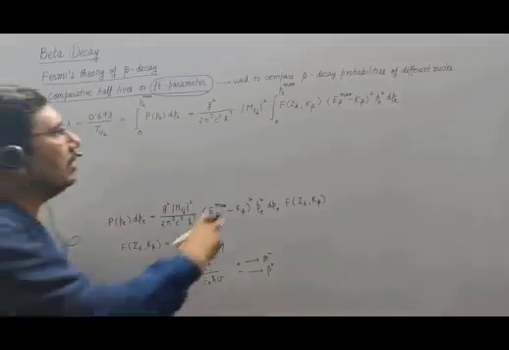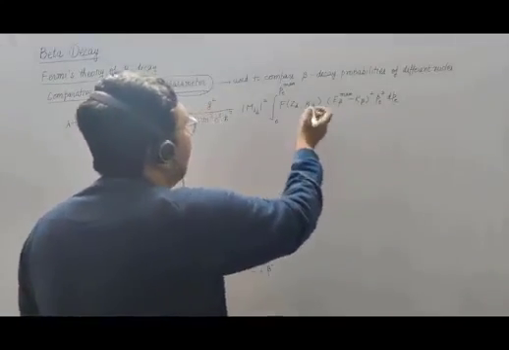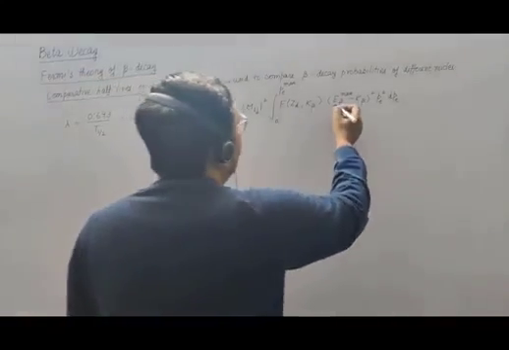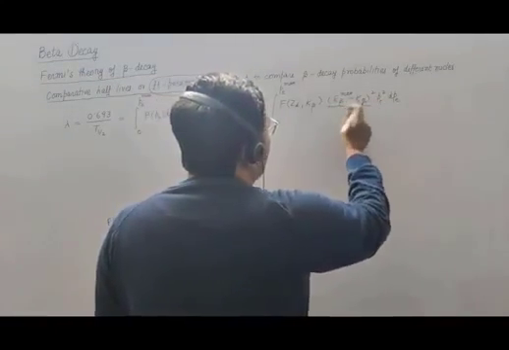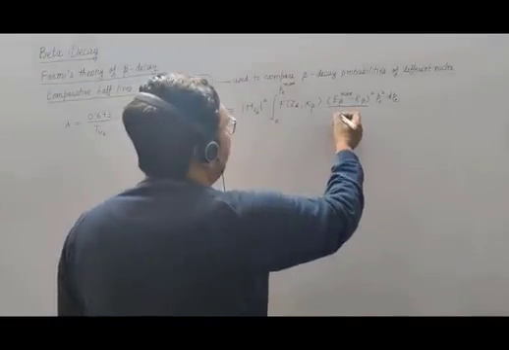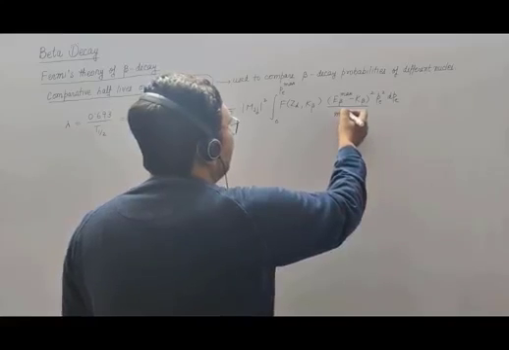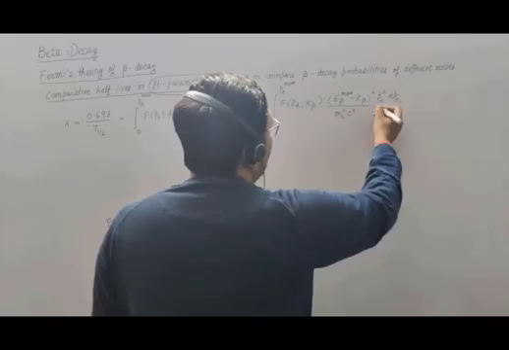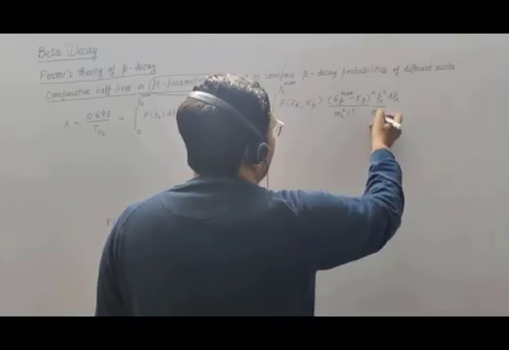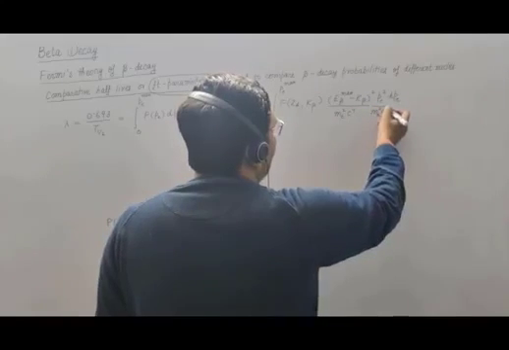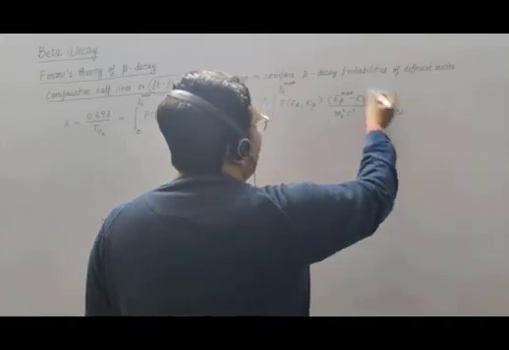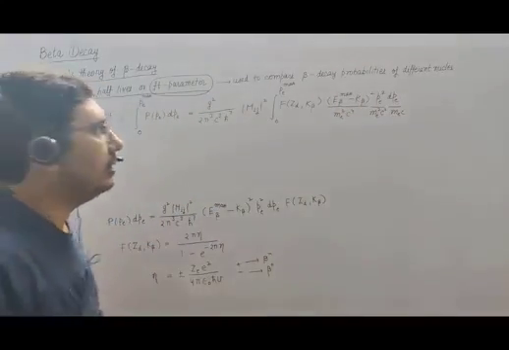Now we will make this integration dimensionless. The correction factor is already dimensionless, and this term is energy square, so if we divide by m_e square c to the power 4, it becomes dimensionless. Similarly, divide this by m_e square c square and this by m_e c. In this way all these terms become dimensionless.